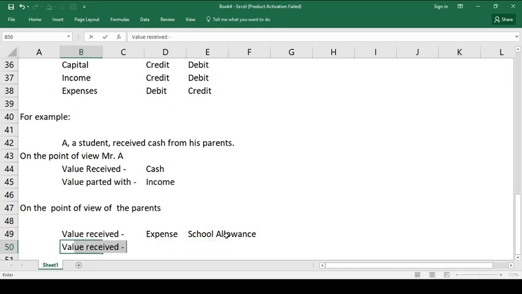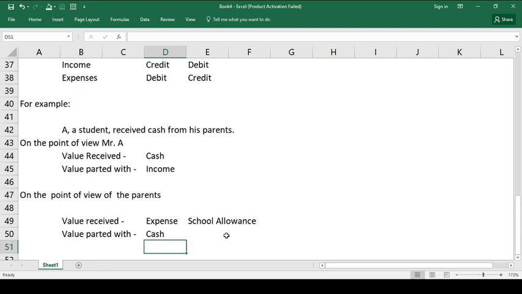Ano naman yung value parted with? Take note, their value parted with on the point of view of the parent is cash. Kasi nagbigay sila ng cash. Their assets in the form of cash decrease. So that is the value parted with.